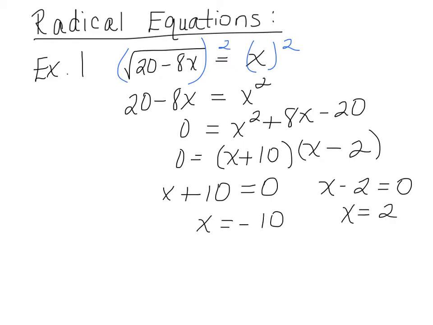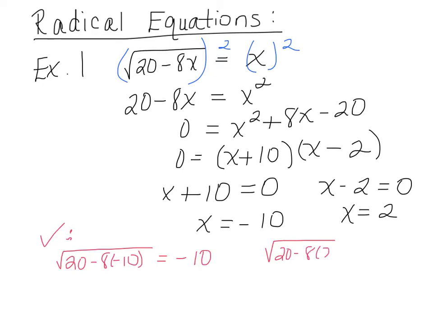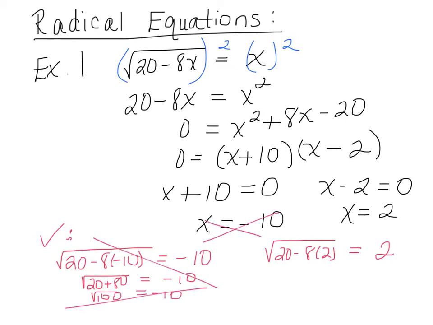Now, the thing about these, you want to check your answers. So you're going to plug into the original equation, negative 10, and see if it works, and 2 for x, and see if it works. So here we got 20 plus 80, which is the square root of 100, which can't be negative 10, so that one does not work.